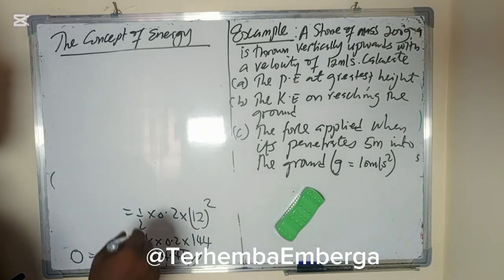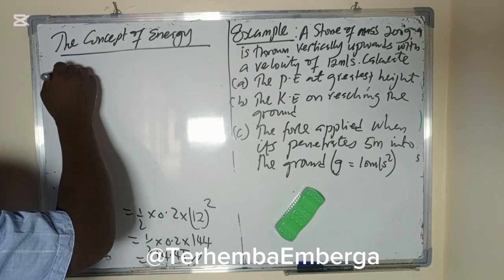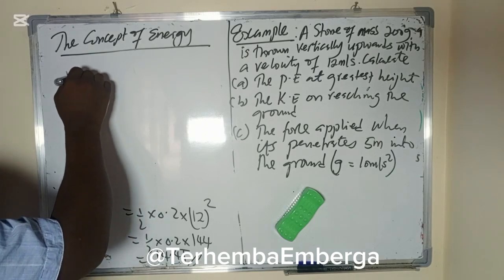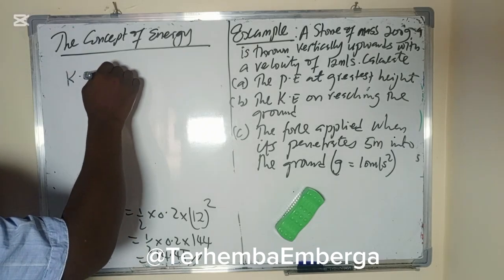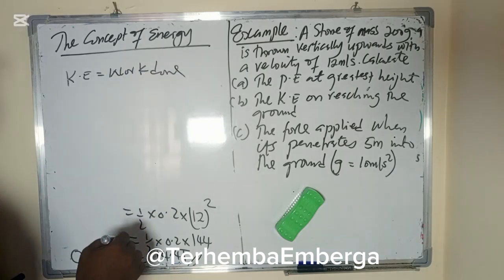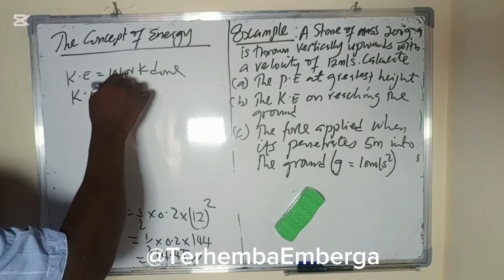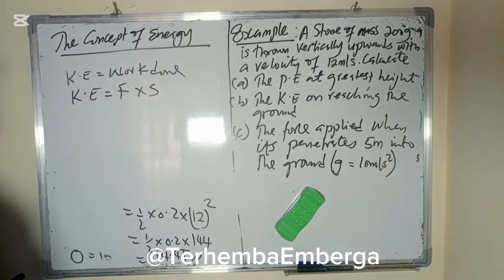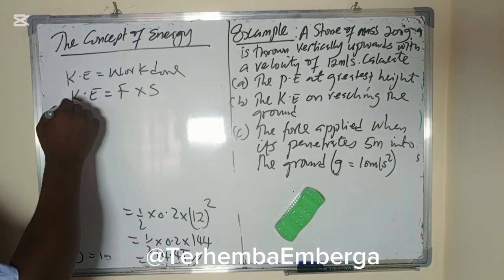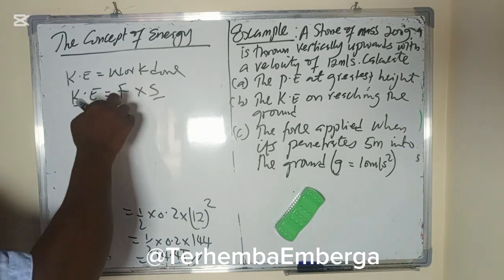So what we are calculating is the force. The kinetic energy is equal to work done, and we can say that kinetic energy is equal to force times distance. So we have known this, so we can calculate force.